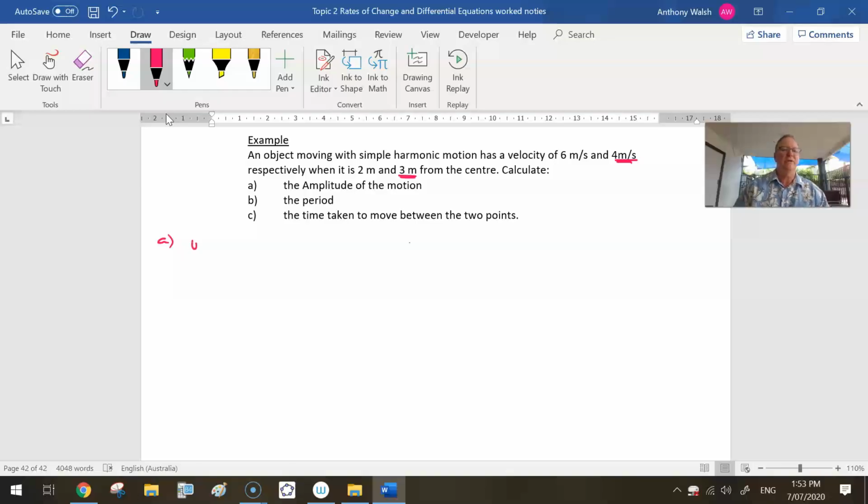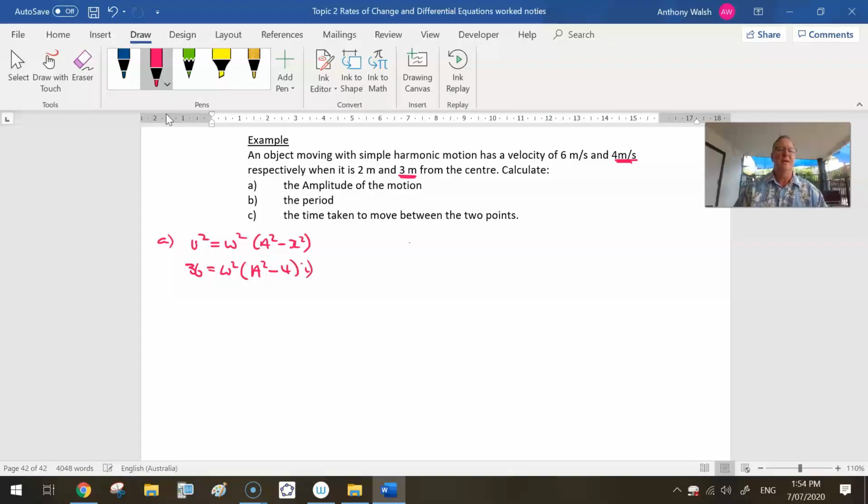Well, again, we've been given some velocity, so we can use velocity squared is equal to omega squared by A squared minus x squared. Try and find the amplitude of the motion. So in the first case, it was moving at a speed of 6 meters per second, or 6 squared, which would be 36, is equal to omega squared by A squared minus, now that's happened when it is at a displacement of 2. 2 squared would be 4.